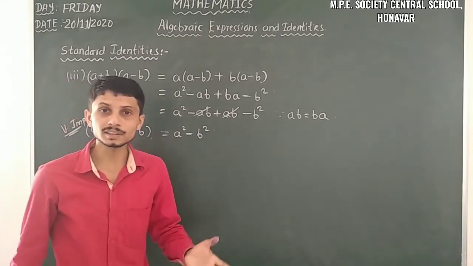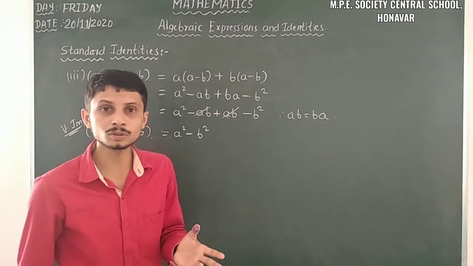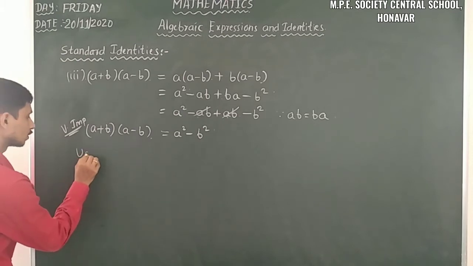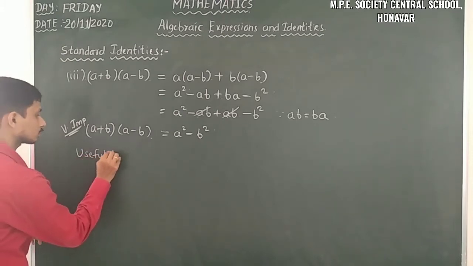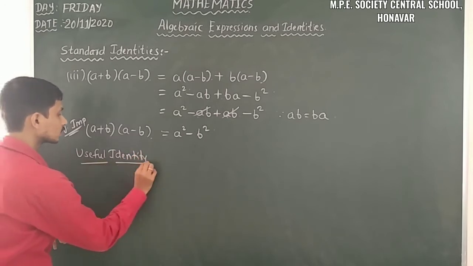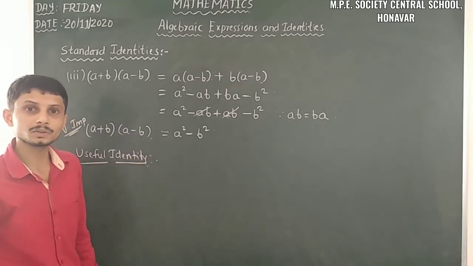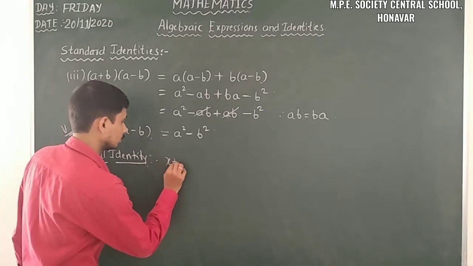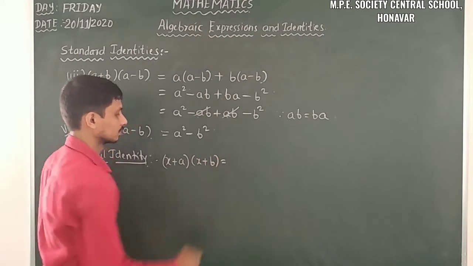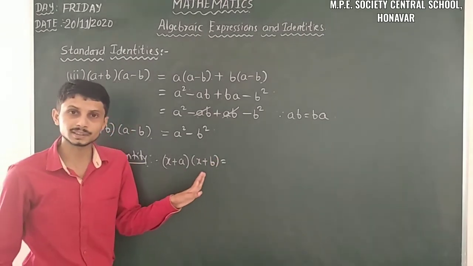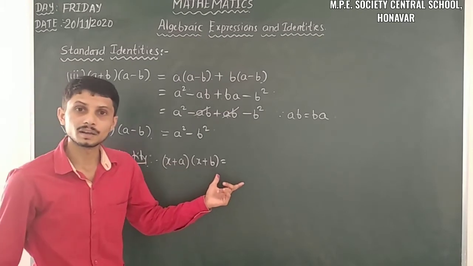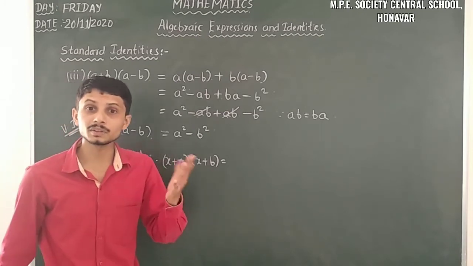And then lastly we have to discuss a useful identity. One of the useful identities is (x plus a) into (x plus b). Yes. So here also we have to take the same procedure. We already did the same kind of expression, that is (x plus 3) into (x minus 2).